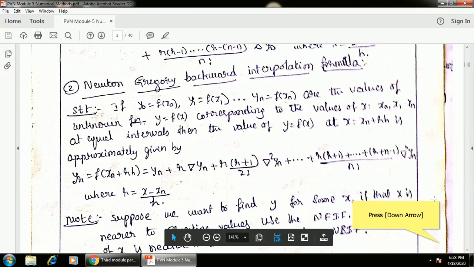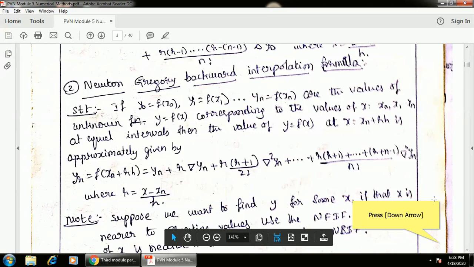At x is equal to xn plus rh, it is approximately given by yr is equal to f of xn plus rh, that is equal to yn plus r into nabla yn plus r into (r plus 1) by 2 factorial into nabla square yn plus dot dot dot plus r into (r plus 1) into (r plus 2) dot dot dot (r plus n minus 1) by n factorial into nabla power n yn. yn is the given value of the function. Nabla yn, nabla square yn, nabla cube yn, nabla power n yn, etc. are the leading backward differences.